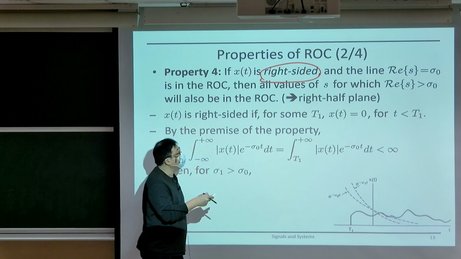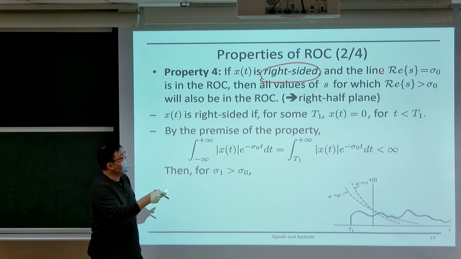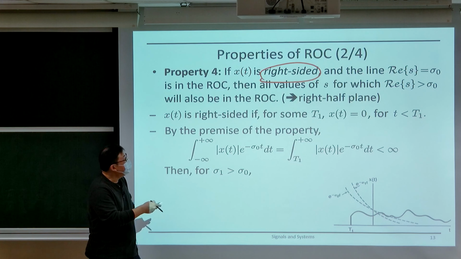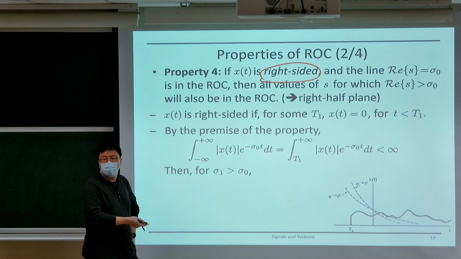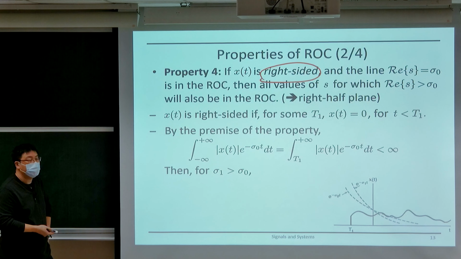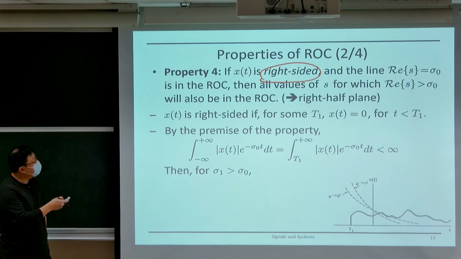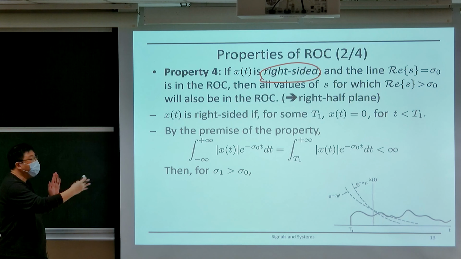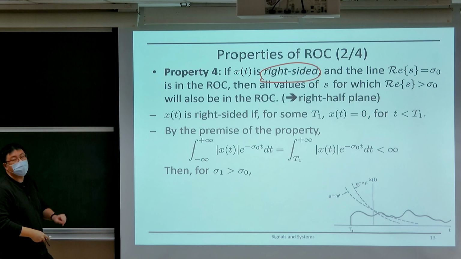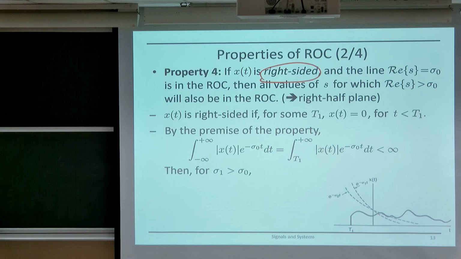So if you say this line is in the real region of convergence, then any value of s with real part greater than sigma 0 must also be in the region of convergence, okay? So this means that the region of convergence must be a right half plane, right? It must consist of all values to the right of some line.